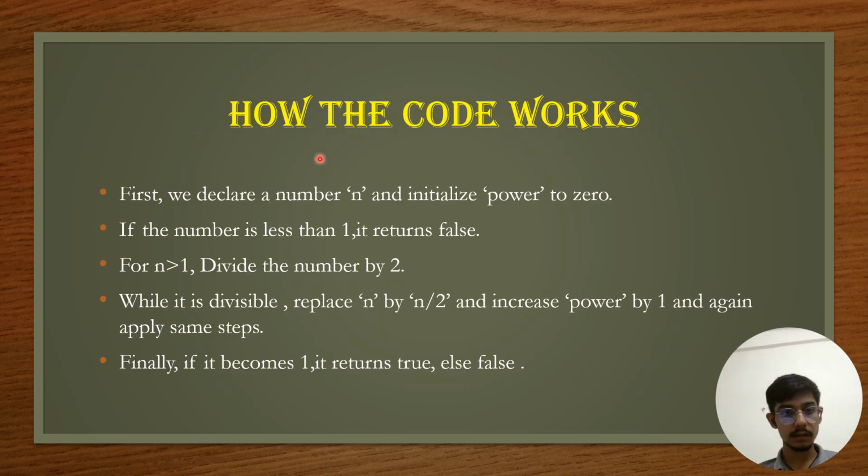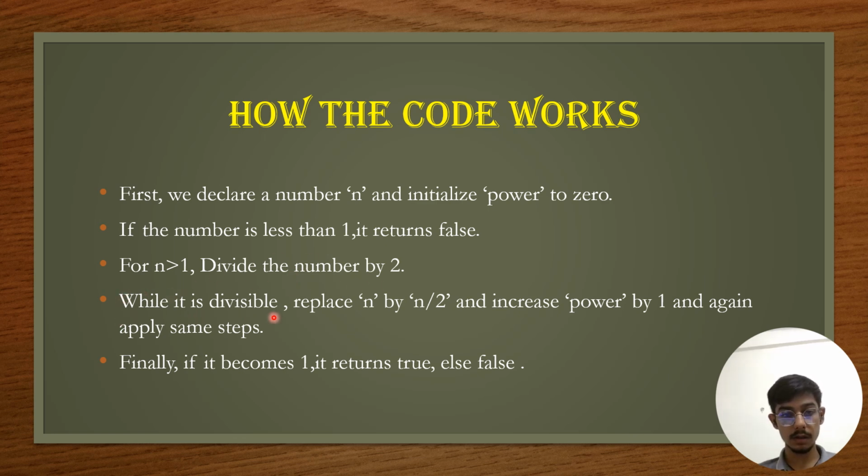In the last slide, we discussed the pseudocode, and now we will discuss how the code works. First we declare a number n and initialize its power to 0. We check the condition: if the number is less than 1, it returns false to the function. For n greater than 1, we divide the number by 2.